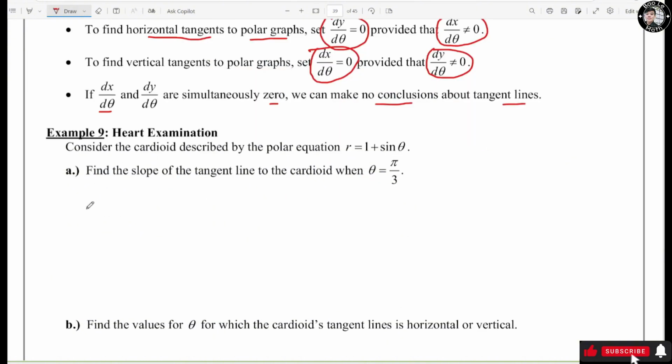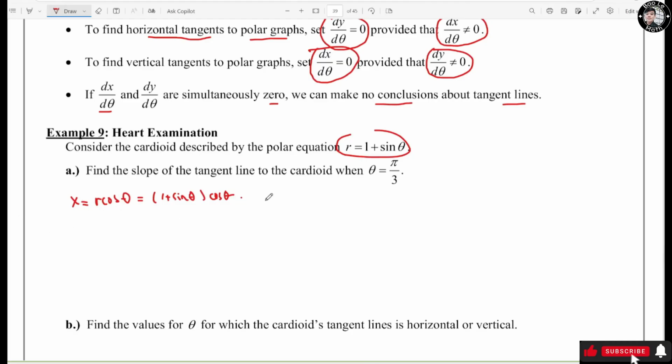So be careful. Now, example number 9, consider the cardioid described by the polar equation r equals 1 plus sine theta. Find the slope of the tangent line to the cardioid when theta equals pi over 3. So, you know that x equals r cosine theta, but r equals this one right here, so I have 1 plus sine theta times cosine theta.